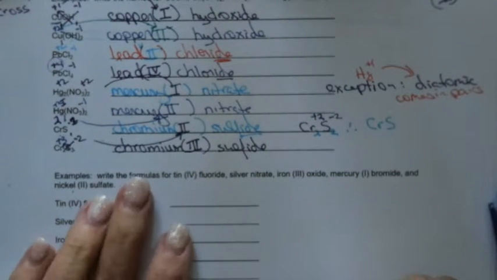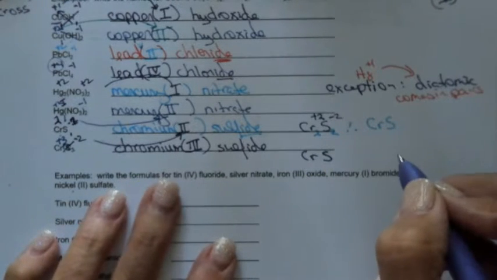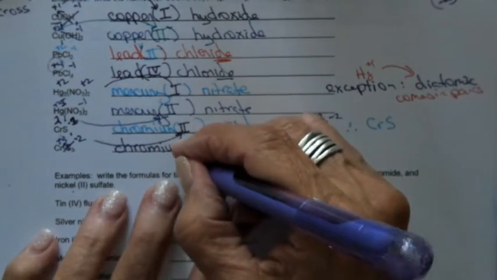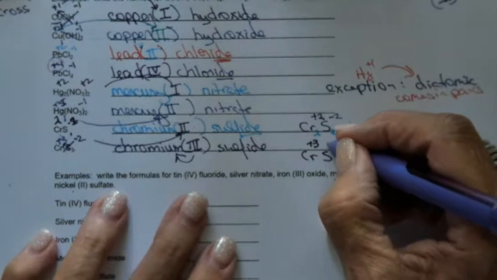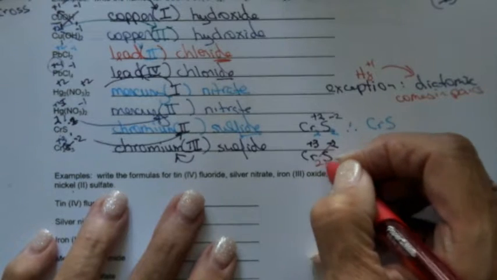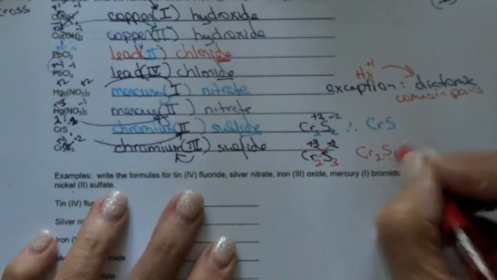I can do the same thing going back. Chromium is Cr. The symbol for sulfur is S. Therefore, I put a +3 on top. Sulfur, I know from where it's located on the periodic table. Crisscross, I get Cr2S3.